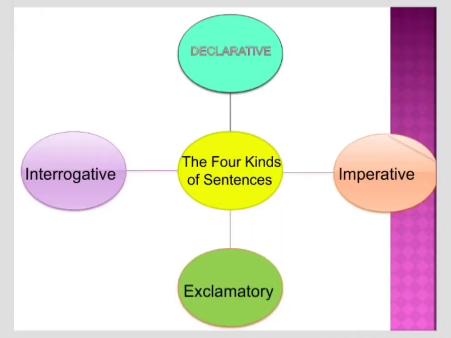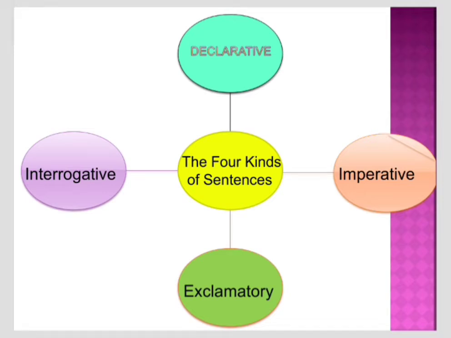Okay, moving on to the four types of sentences. So the very first category we have is of declarative sentence, which is also known as an assertive sentence. Now, what is an assertive sentence? We'll discuss later. Coming to the second type, which is imperative sentence. Imperative sentence include command or a request. Then the third category is exclamatory sentence.